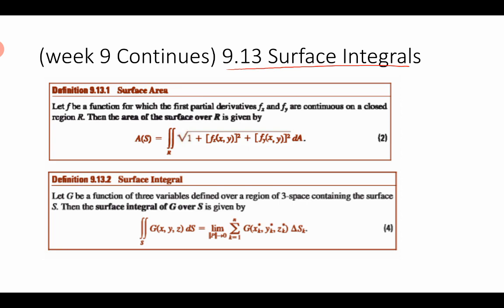Let f be a function for which the first partial derivatives fx and fy, that is, ∂f/∂x and ∂f/∂y, are continuous on a closed region R. Then the area of the surface over R is given as follows.